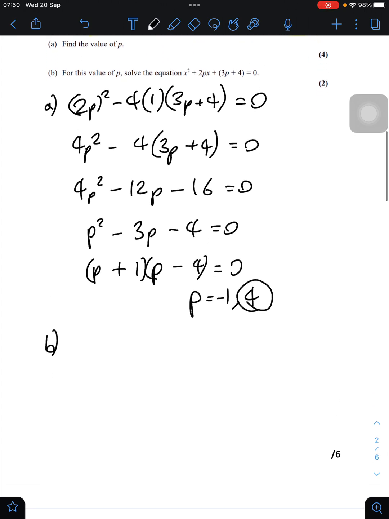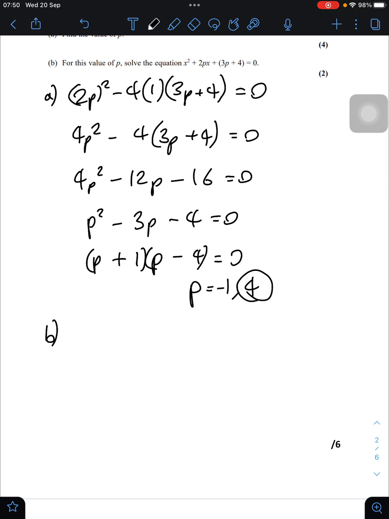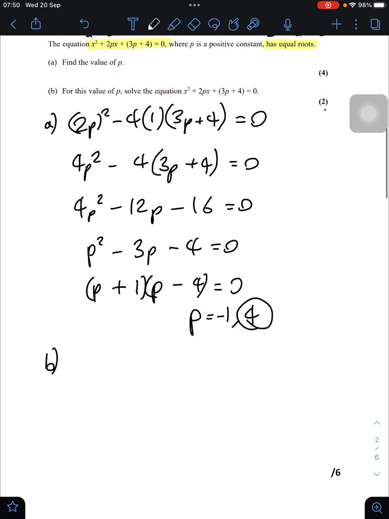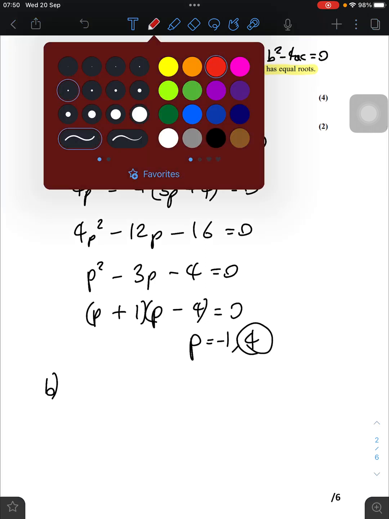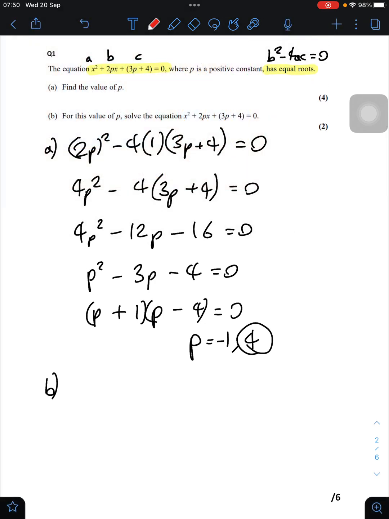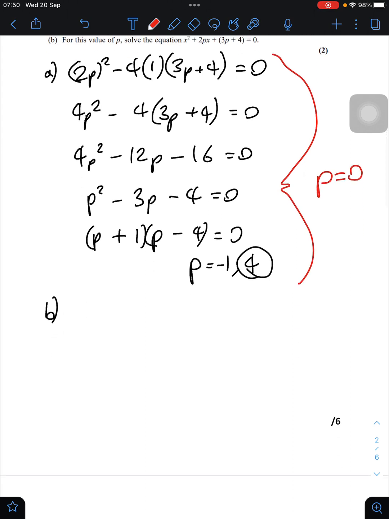As I've said to you previously, if you want a really easy solution to these, and you want those 2 marks here, but you don't know what the value for p is, so let's say we don't know what question 4 is, an easy way to do this would be, we get all the marks on part b if you just went, well, I don't know any of this, so I'll just let p equal 0, and then just plug in 0 into here.